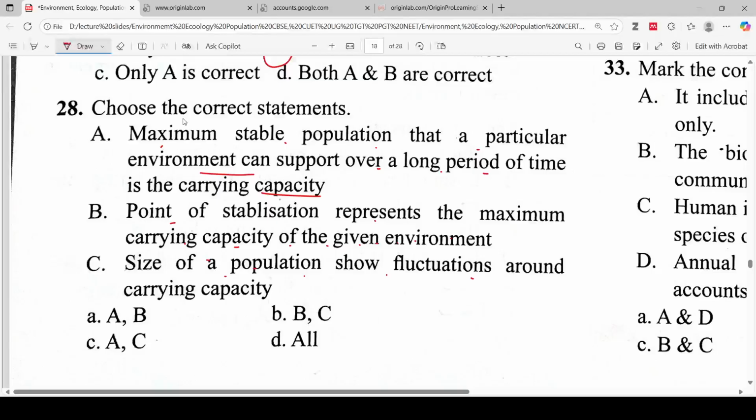So the correct answer will be B. The next question.